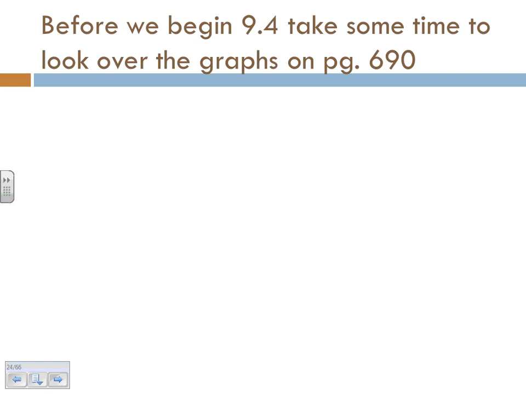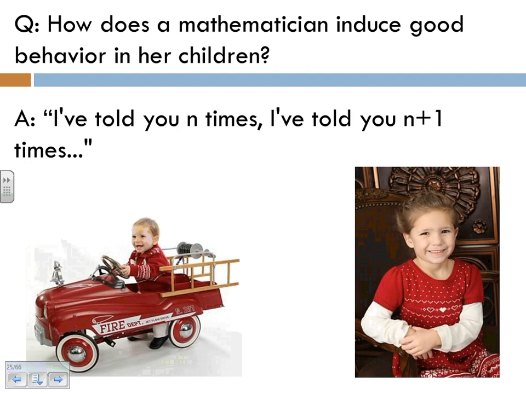Of those, if you haven't. Okay. How does a mathematician induce good behavior in her children? If I told you n times, I told you n plus 1 times. Can you explain that one to me? Because if I told you 1 time, I told you 100 times.